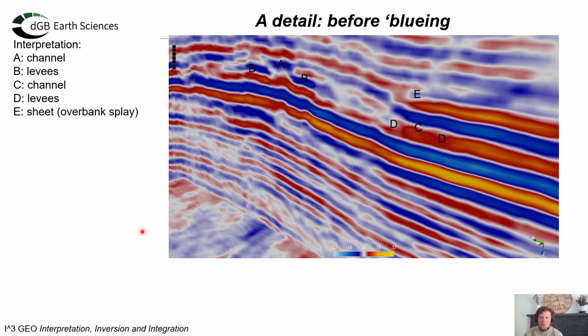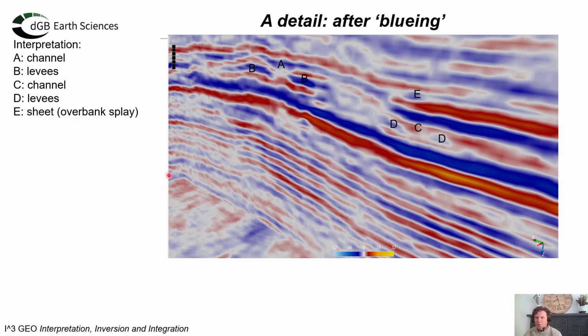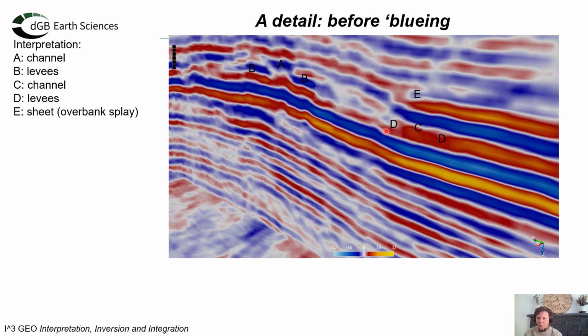In this example, we see how SSB improves resolution, but also provides a more geological view of the data. After bluing, the elements of the fixed channel, A, and B, the levees, are much better expressed. The elements of channel C and levees D become only apparent after bluing.